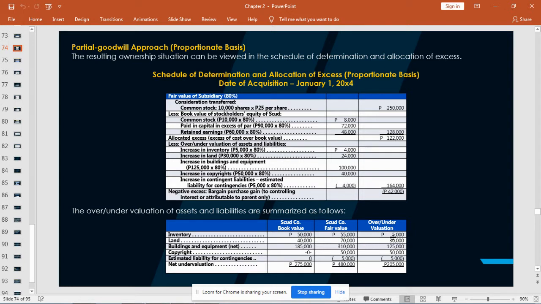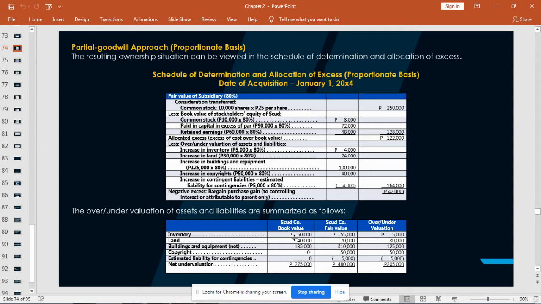Sa ating asset, we have an increase of 30,000 sa land, increase of 125,000 sa ating building, and increase of 50,000 sa ating copyright. However, we have a net increase of 5,000 sa ating estimated liability for contingencies. So, ang ating total over and under valuation would be 205,000.